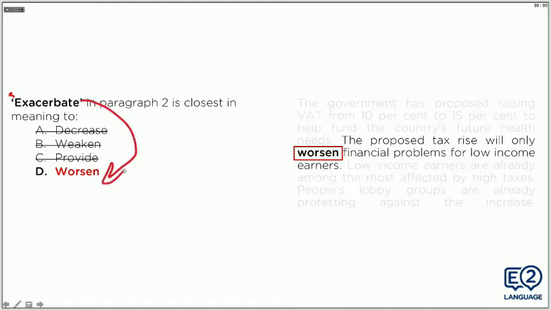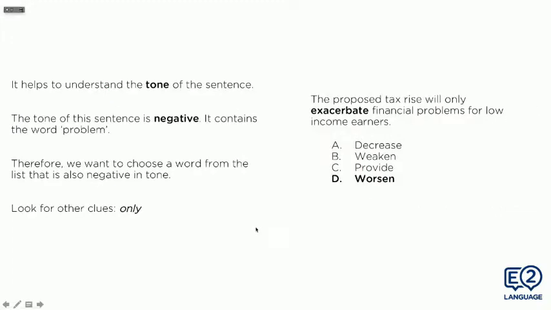These are the 2 that mean similar things, in which case you can replace it here. Cool. So it helps to understand the tone of the sentence. The tone of this sentence is negative. It contains the word problems, financial problems. Therefore, we want to choose a word from the list that is also negative in tone. Now, worsen and weaken and decrease, but worsen is the one.